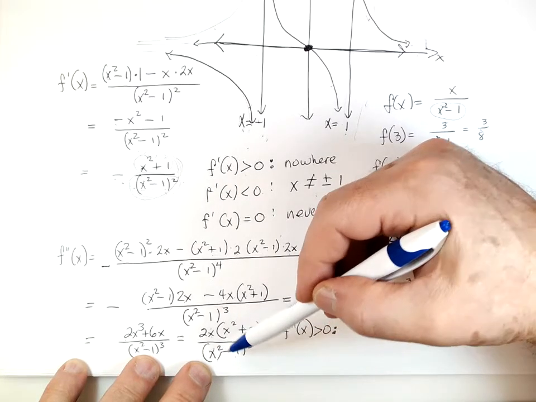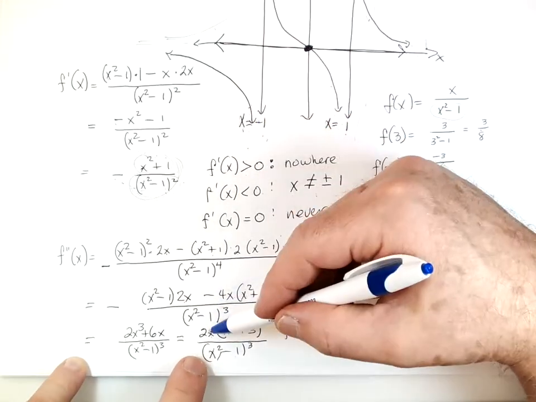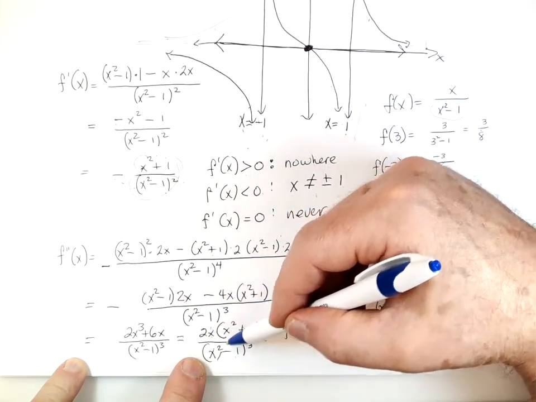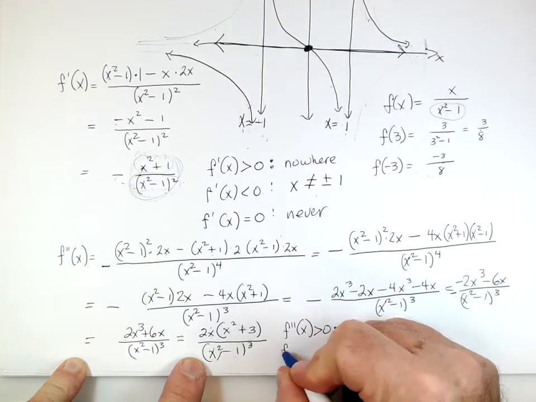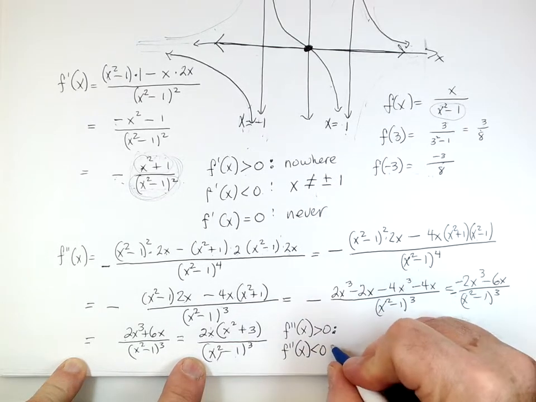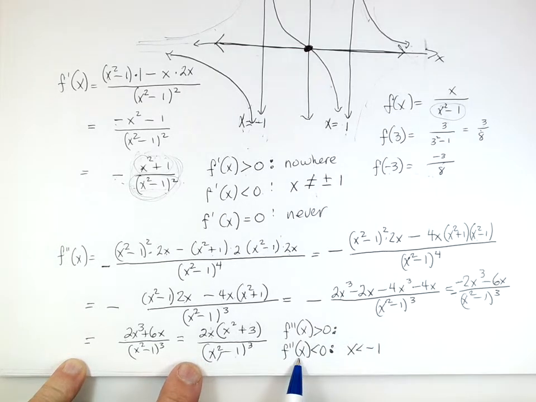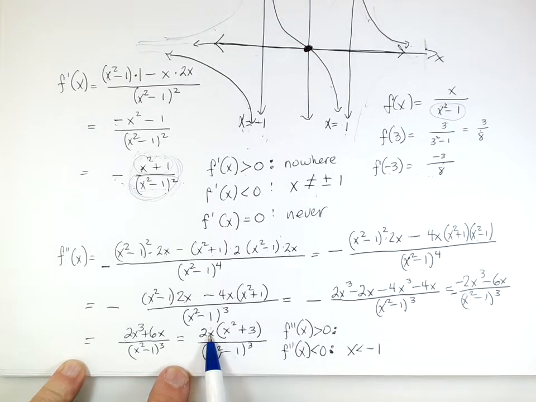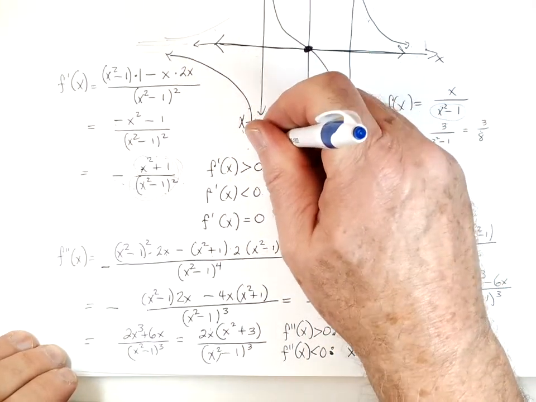So I've got negative, positive, positive. It can't be -1, but when it's less than -1, the second derivative is negative, because that's negative, positive, and that's negative. And it is concave down, and that's what we have.